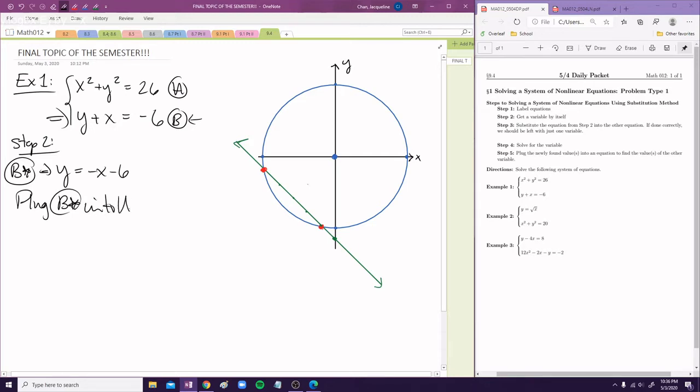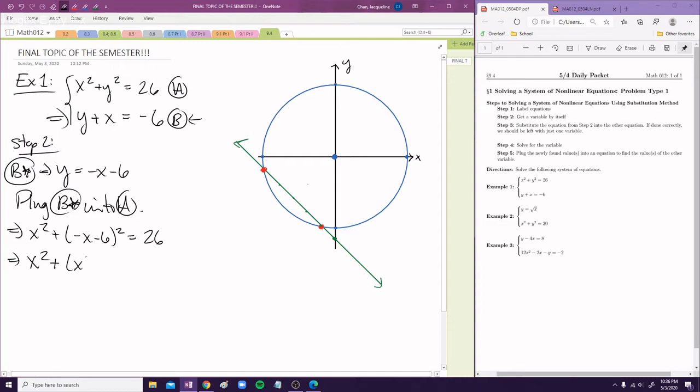into A. When I do that, I get x squared plus negative x minus 6, quantity squared, is equal to 26. When I look, we just have the variable x, so therefore we did step 2 and step 3 correctly. So now we're just going to solve for this variable. So we have x squared, and then for negative x minus 6 squared, I'm going to FOIL it.